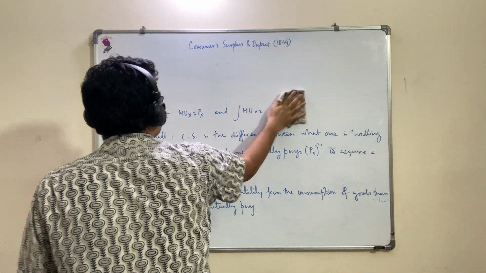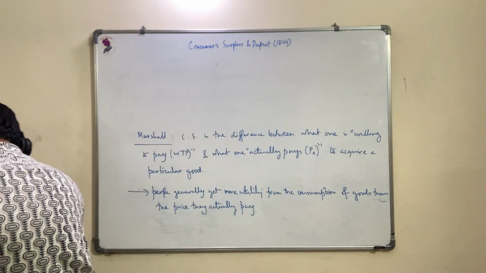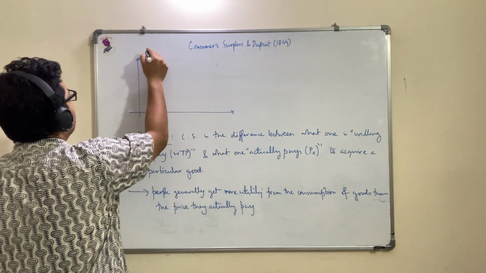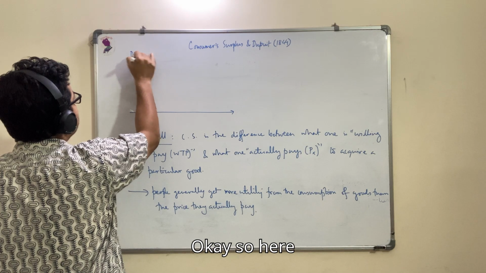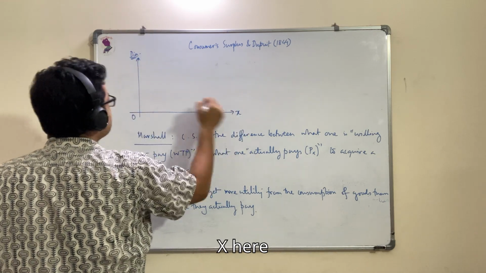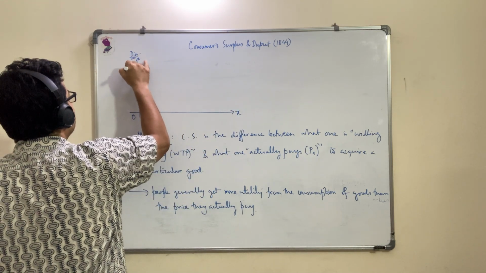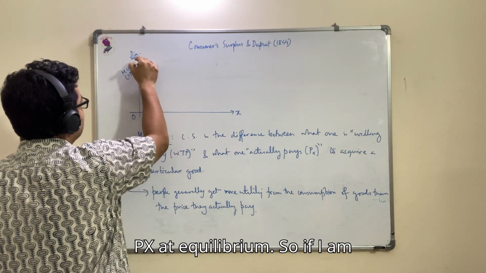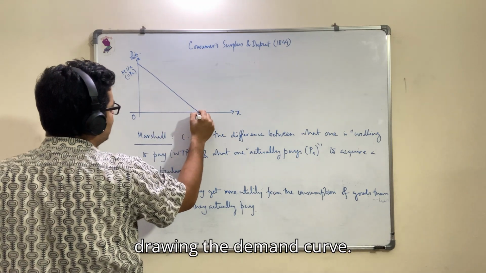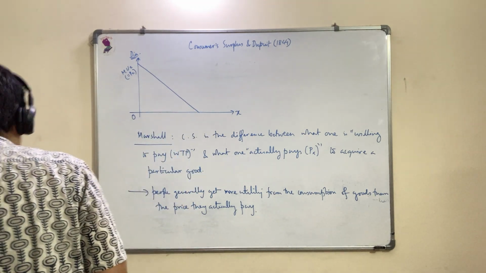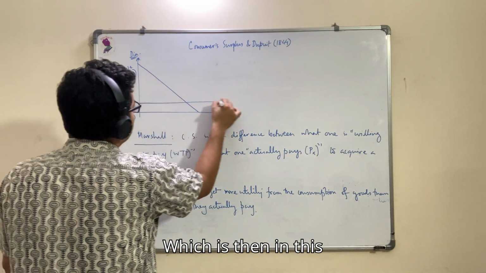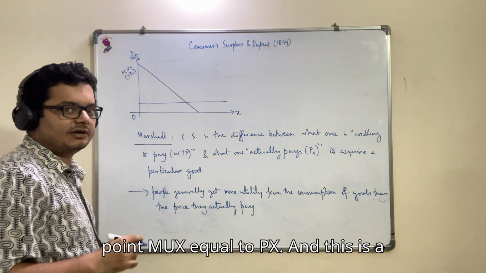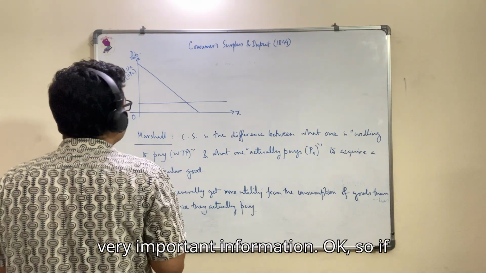The diagram is probably something that you have seen in the book also. Okay, so here X, here MUx, which is equal to Px at equilibrium. So if I am drawing the demand curve, which it is, then in this demand curve, along each and every point, MUx equal to Px, and this is a very important information.